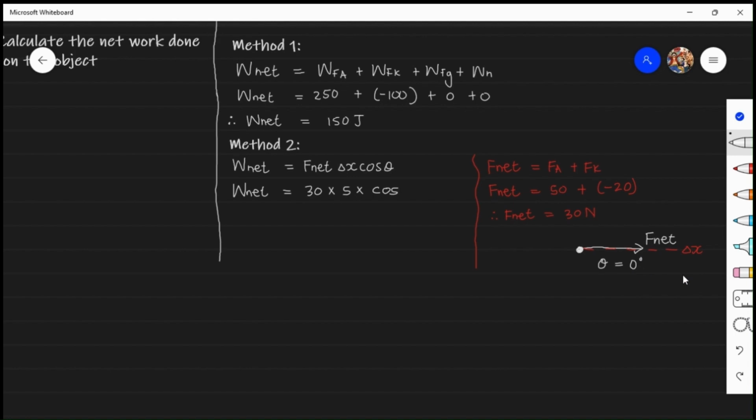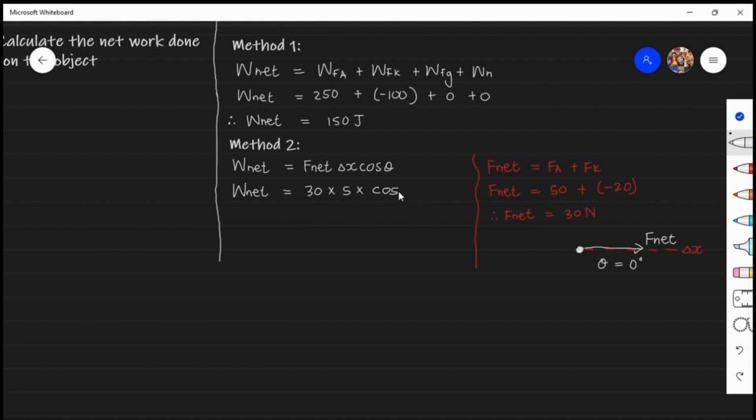between F net and displacement, similar to what we had with applied force and displacement when we calculated work done by applied force. Because both vectors are moving in the same direction, and they are parallel to one another and basically on top of one another, there's a 0 degree angle between them.